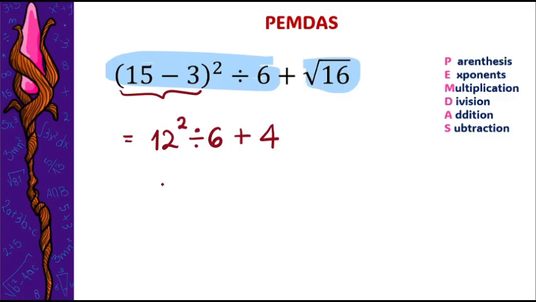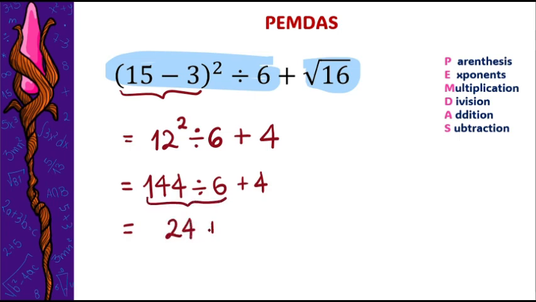So the exponent goes first. 12 squared is 144, divided by 6, plus 4. Now we have a division and an addition. Division goes first. That is going to be 24 plus 4, which is going to be 28. And that's the final answer.